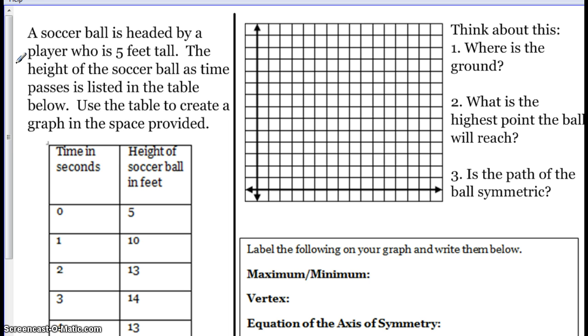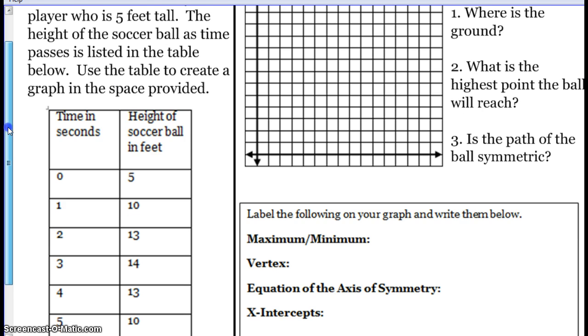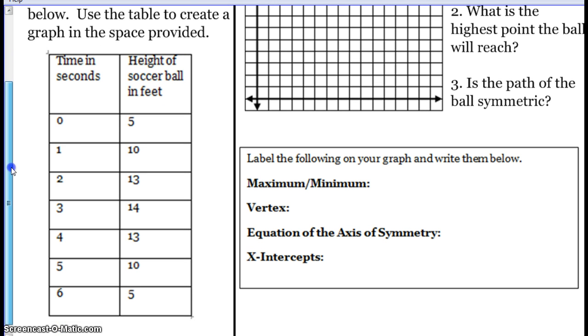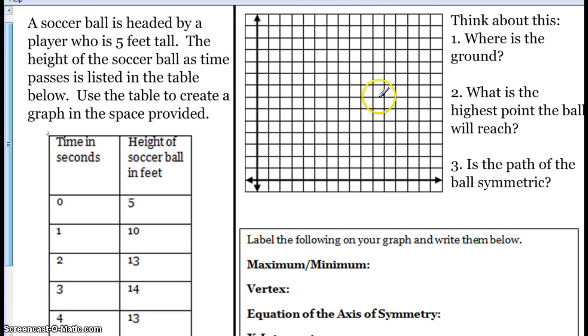And we have a table that says the soccer player is 5 feet tall, and it lists a table to tell us what happens at each second. So I want you to go ahead and pause the video and graph this table onto our coordinate plane.